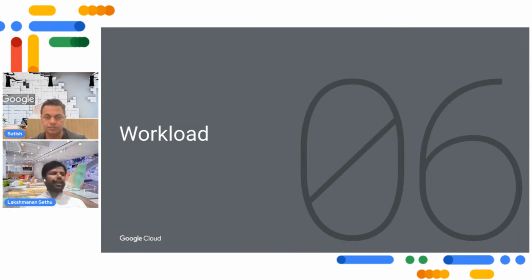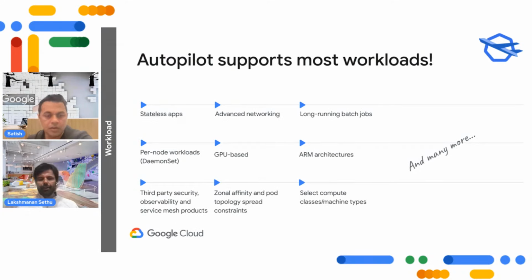For example, stateful workloads, which were not designed for initially, but we are supporting that also. There was a workaround when you started off with stateful workloads, but now stateful workloads are also possible with GKE Autopilot.